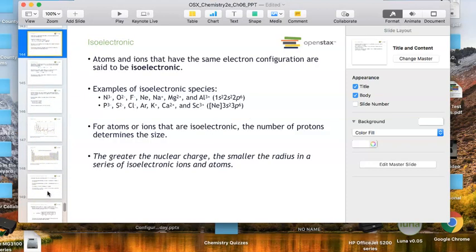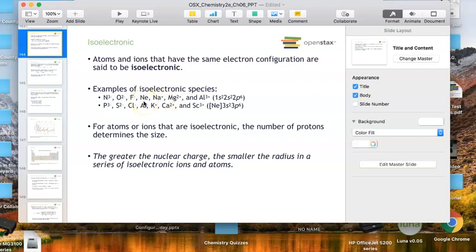All right, so then there's a concept called isoelectronic elements. Atoms and ions, we've already kind of talked about this a little bit. We didn't talk about what the official name of it is, but when we talked about sodium versus sodium plus, and the electron configuration for sodium versus sodium plus, we noted that sodium plus has the same electron configuration as neon.